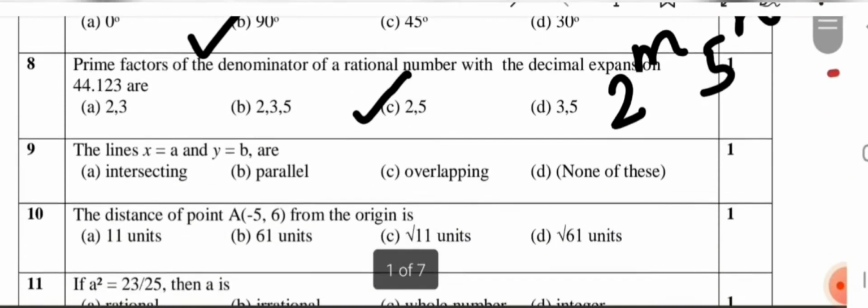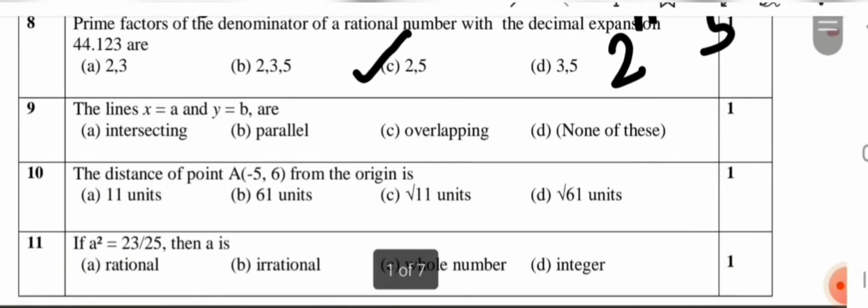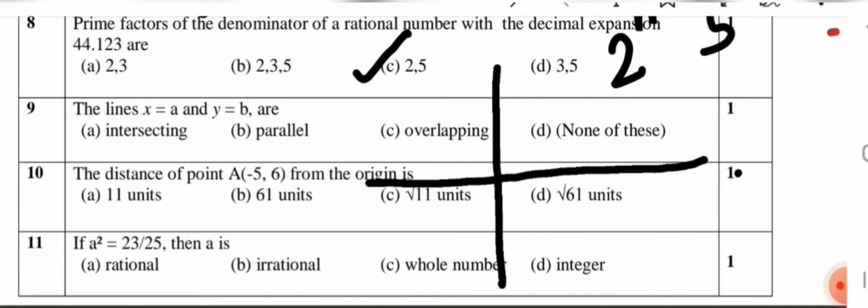Now next question. The lines x equals to a, y equals to b are. Now you see that we can draw a graph here and then we can find. First equation is x equals to a. Now x equals to a means for any value of y, x is always going to be a.